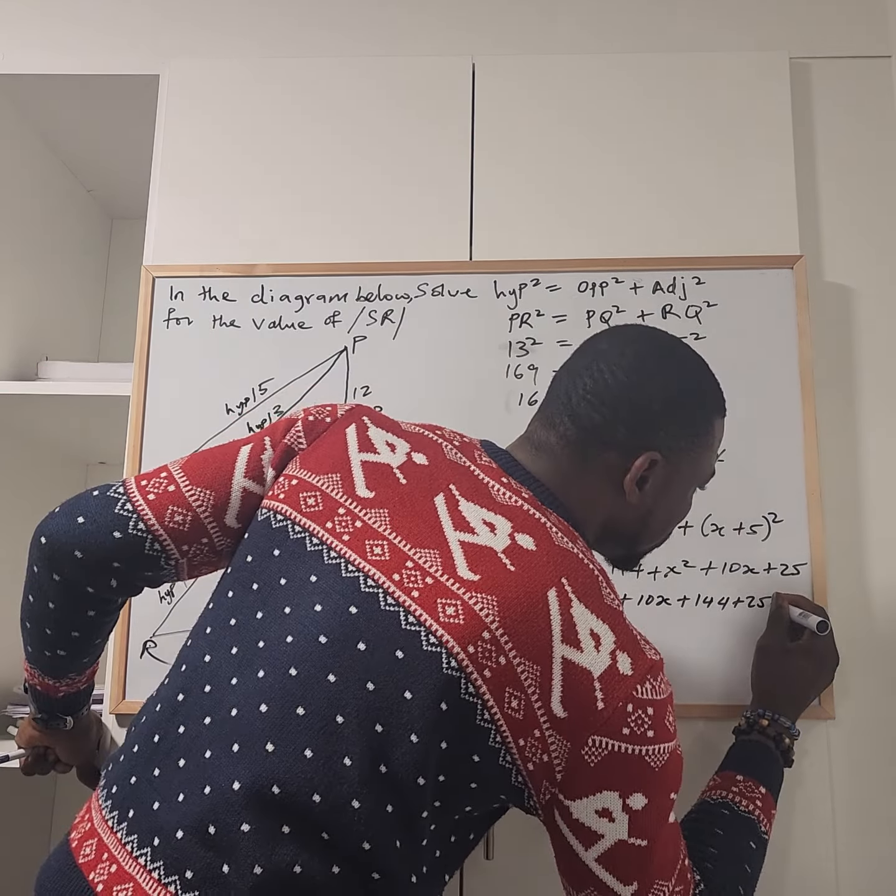But the number here is plus, so the smaller number should carry the negative sign. 14 minus 4 gives me 10, or minus 4 plus 14 gives me plus 10, all right? So these are the factors of 56 that when I add, I will get 10.